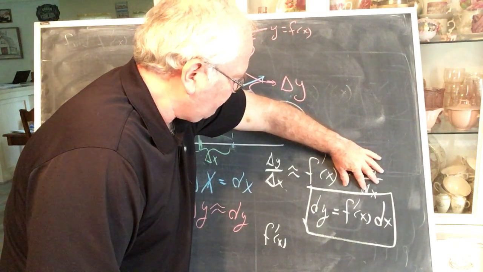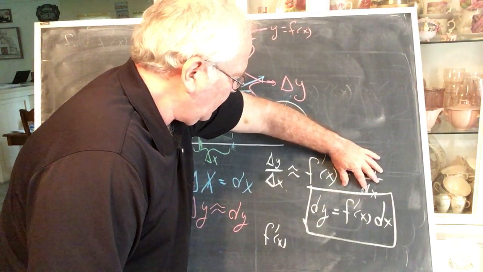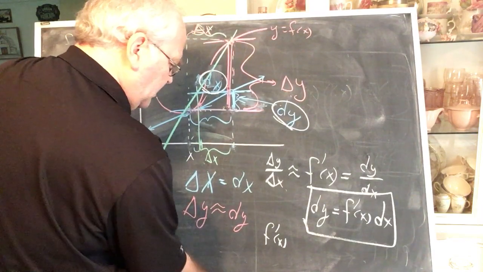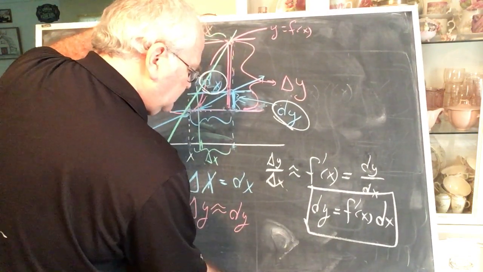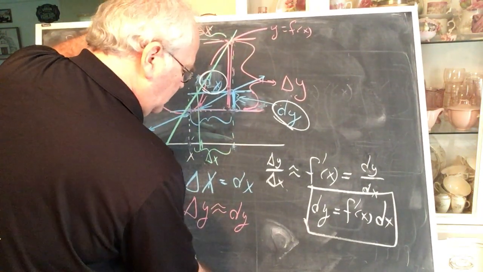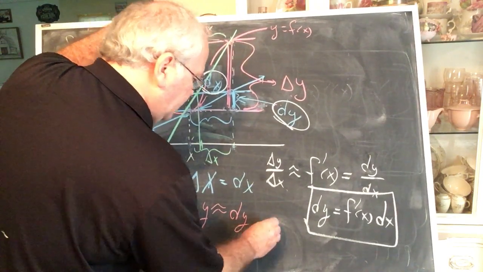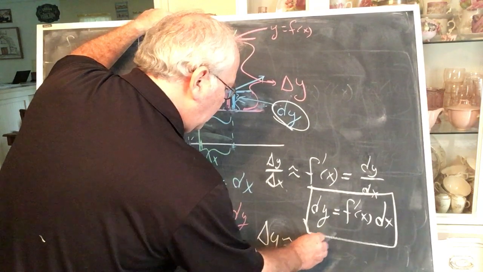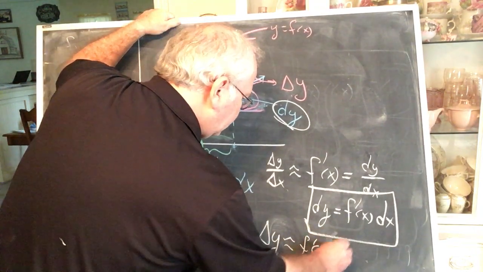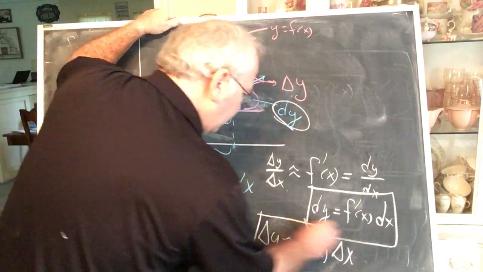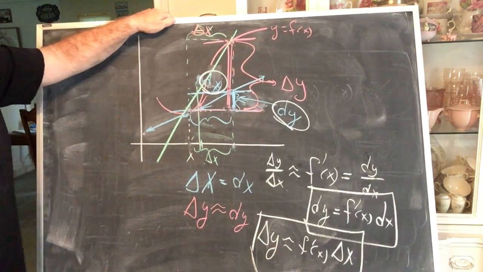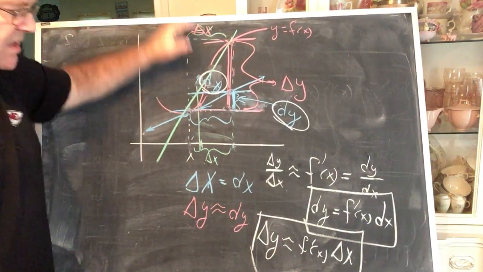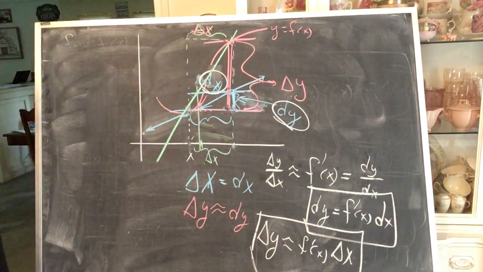Multiply both sides of that expression by delta x, and we have that delta y is approximately equal to f prime of x delta x. And when we do things later on like constructing Riemann sums and doing limits of Riemann sums, that approximation is going to come into play.